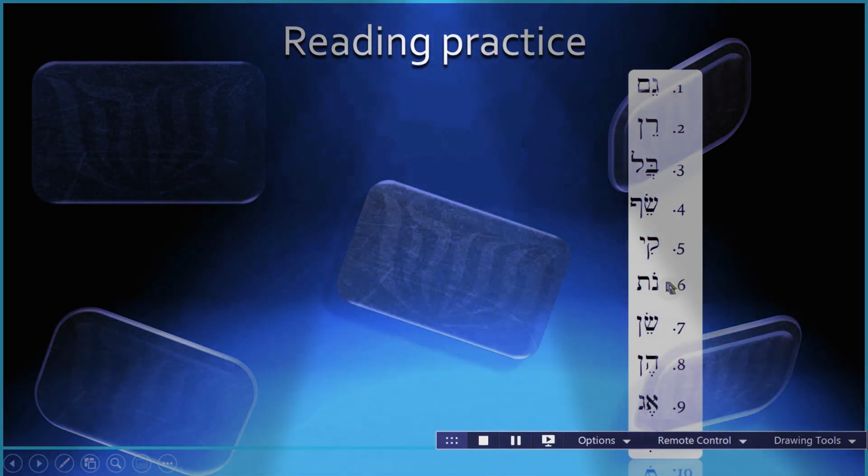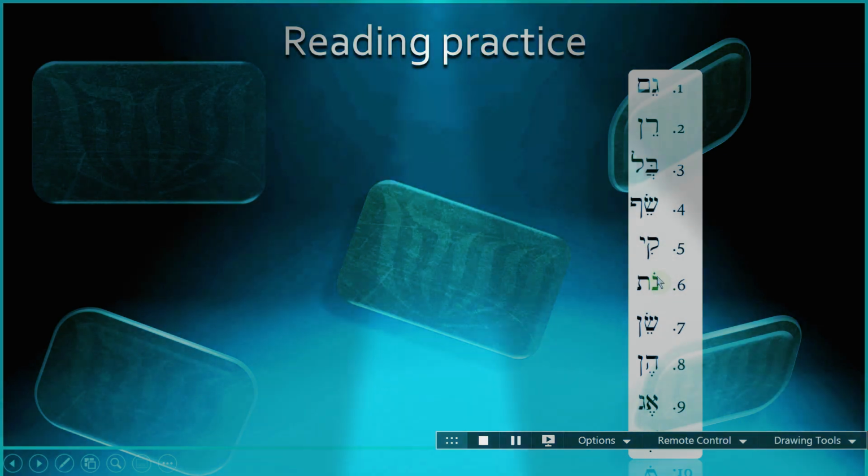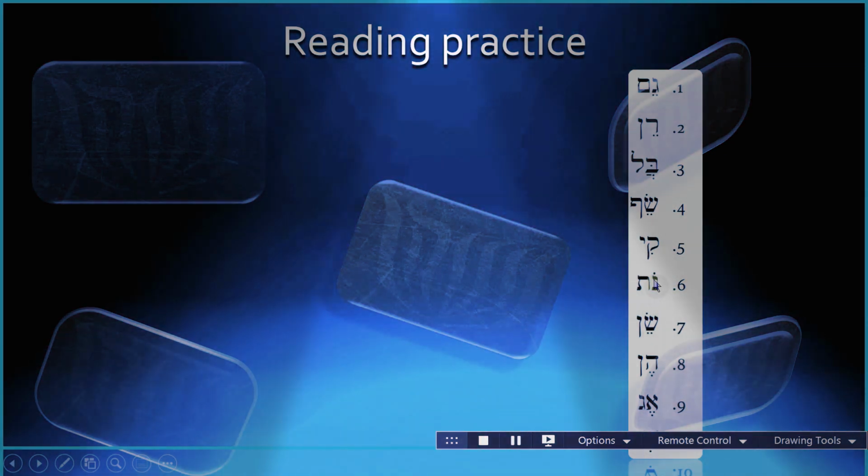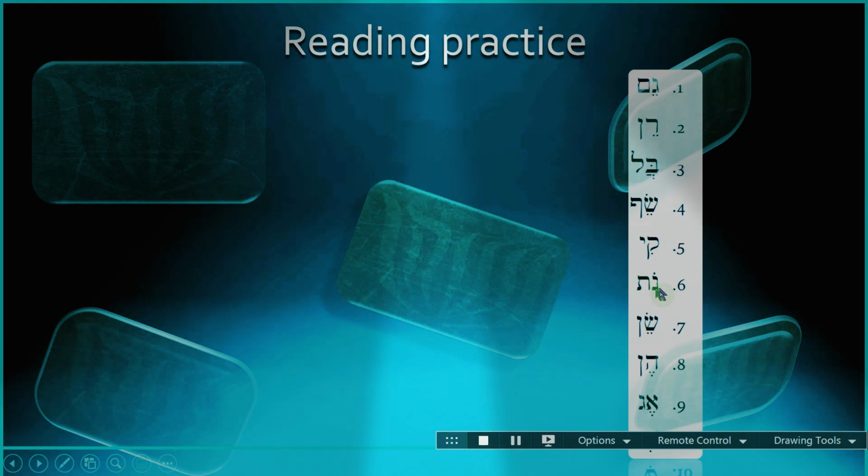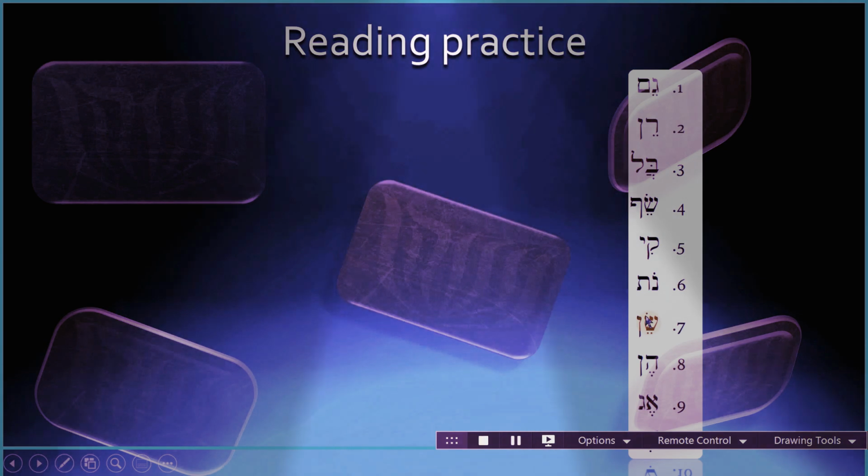Number 6. Look, the vowels on top. Look under, look next to, nothing, up on top. Note. The musical note. All right, number 7. Look where the dot is.